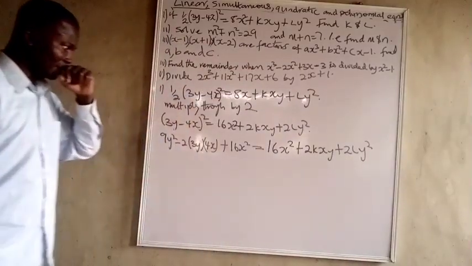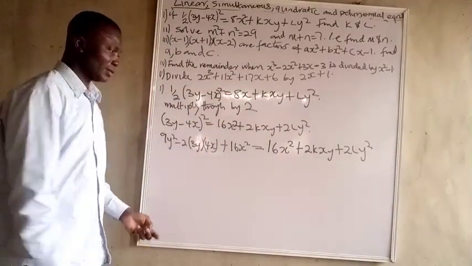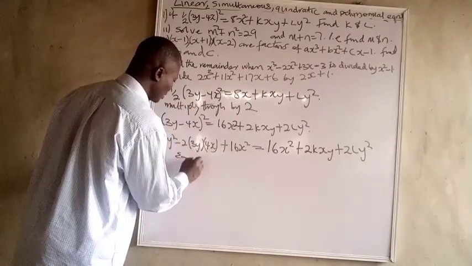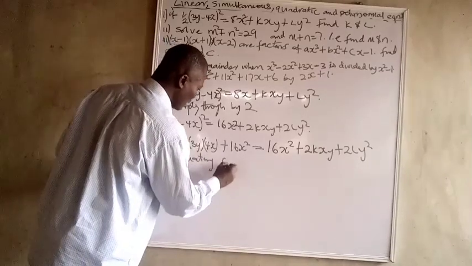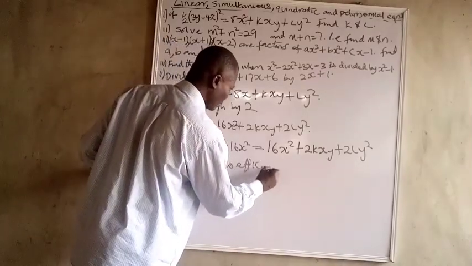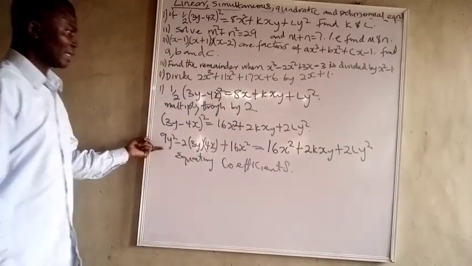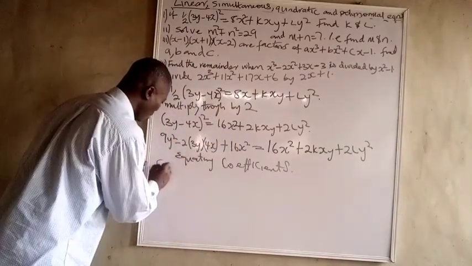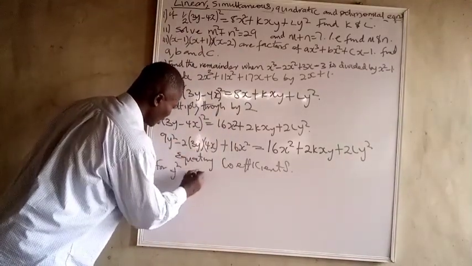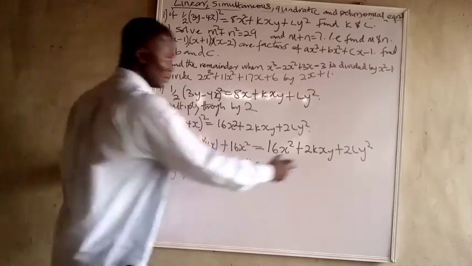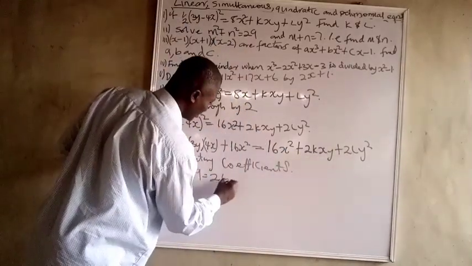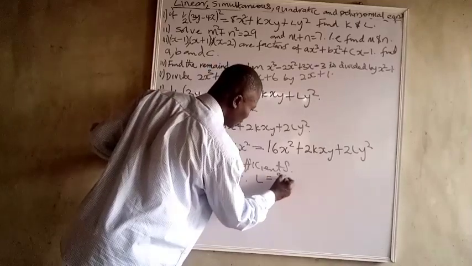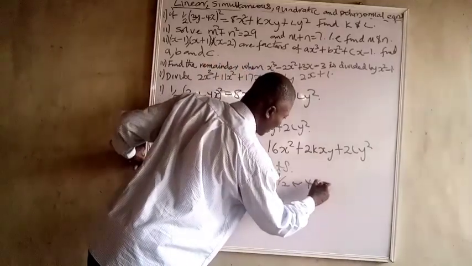Now let us equate the coefficients. You can see for y squared, 9, that is the coefficient here, is equal to 2l. Therefore, l is equal to 9 over 2 or 4.5.